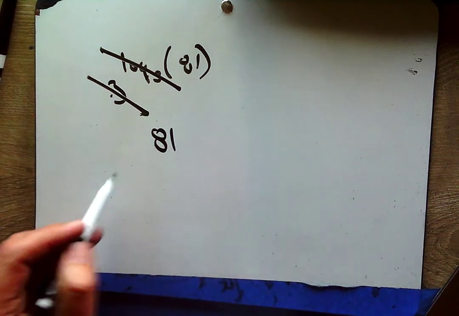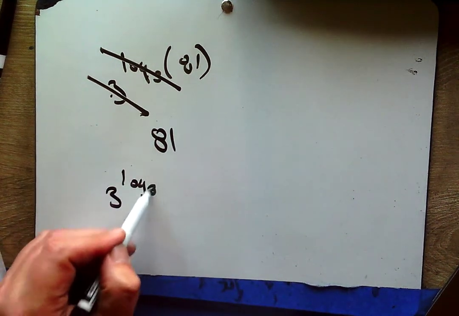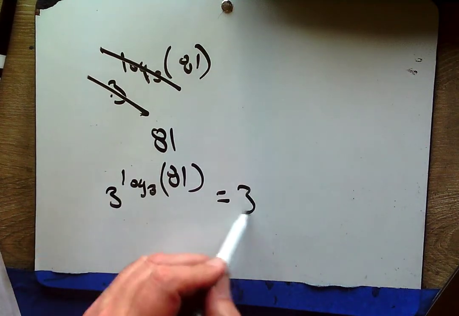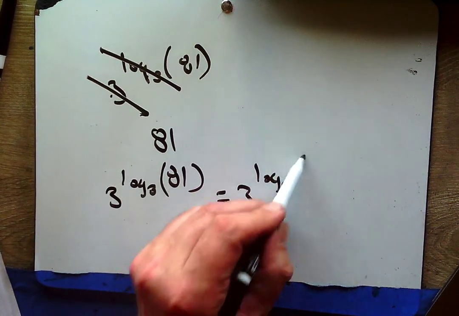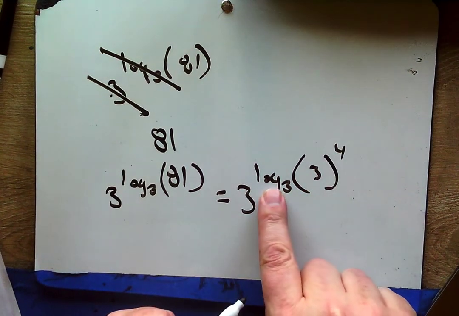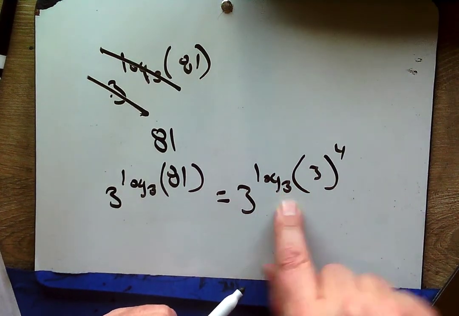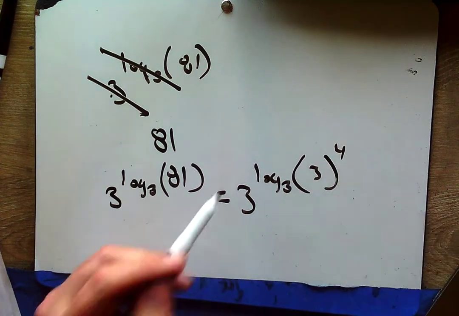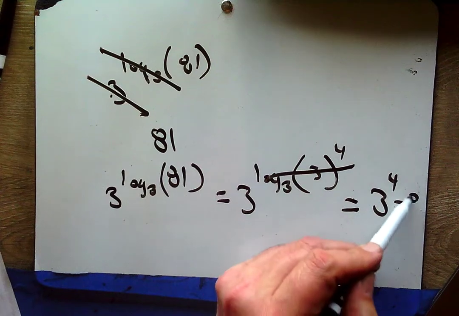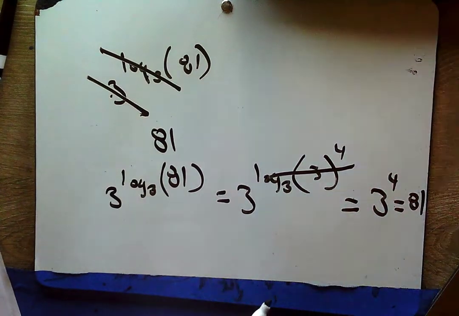We could also look at it this way: log base 3 of 3 to the 4th. Then log base 3 and 3 to the power of are inverses. They undo each other, and I get the same 81. Okay?